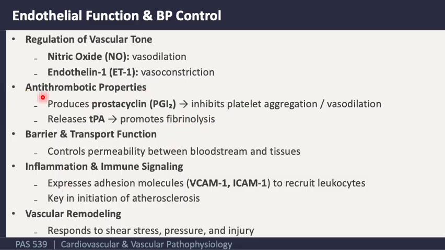It can have some antithrombotic properties. It can produce prostacyclin or PGI2, which will inhibit platelet aggregation and allow for vasodilation. So if it's inhibiting platelet aggregation, it's going to allow for increased blood flow.